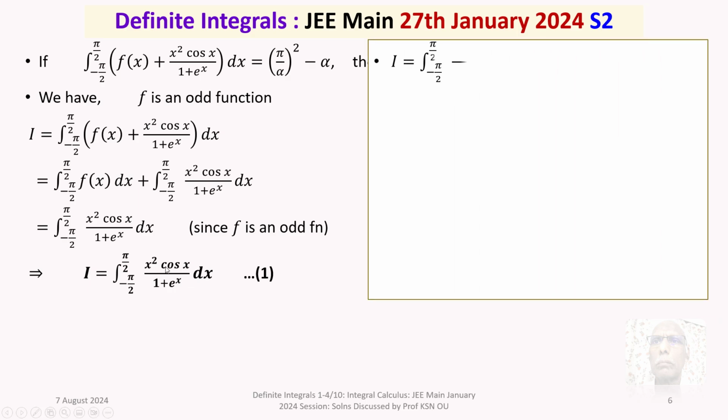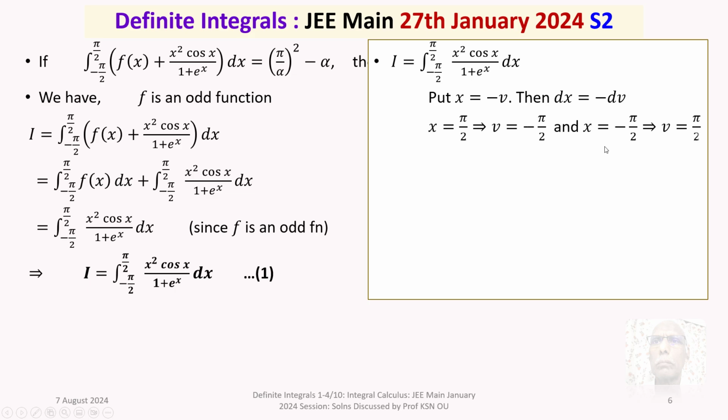I'll show you another representation for this integral. Substitute x is equal to minus v. If you substitute x is equal to minus v, dx is equal to minus dv, and the limits will change accordingly.